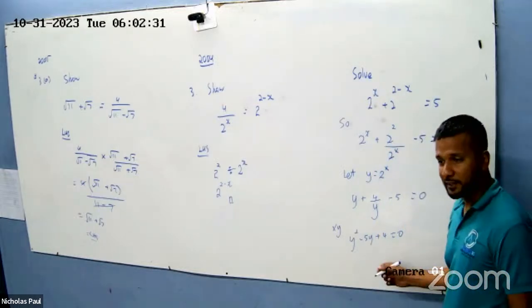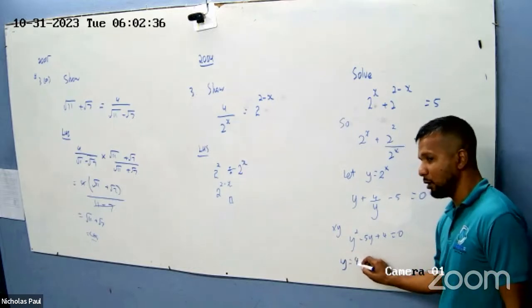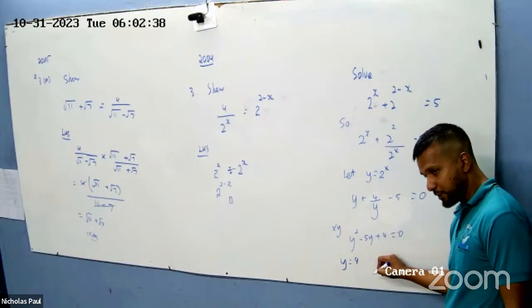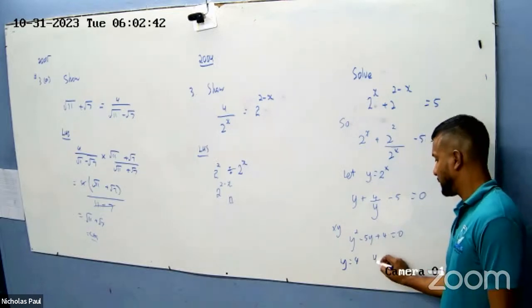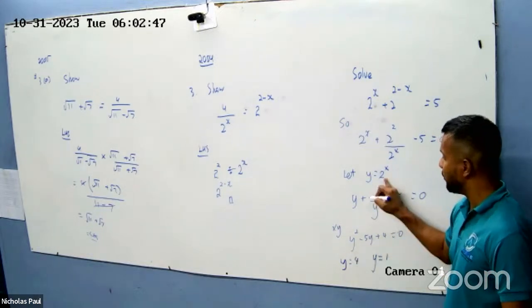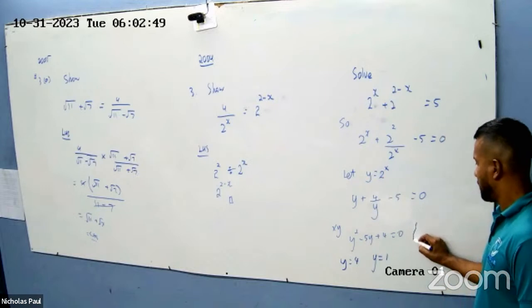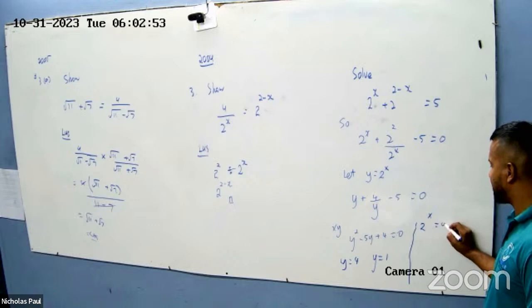Yeah, that's solid quadratic. So what you got here? y is 4, and y is 1. Right? y is really 2 to the power of x, so 2 to the power of x is 4.